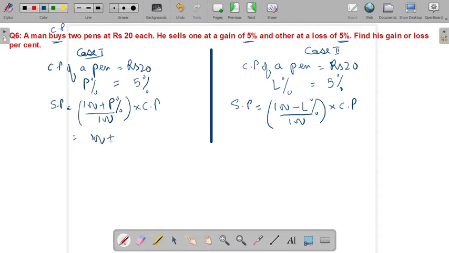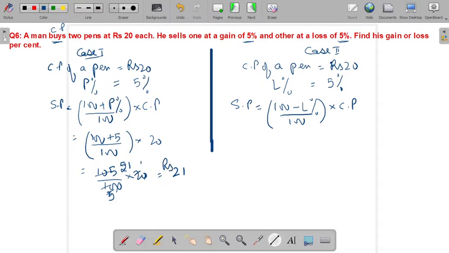So 100 plus 5 upon 100 multiply 20. Now you will solve it. 105 upon 100 multiply 20. So cancel the term. You will be getting 21. So here the selling price is rupees 21.